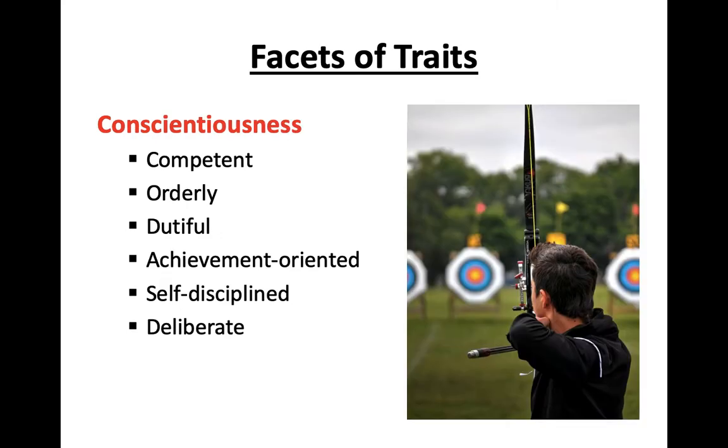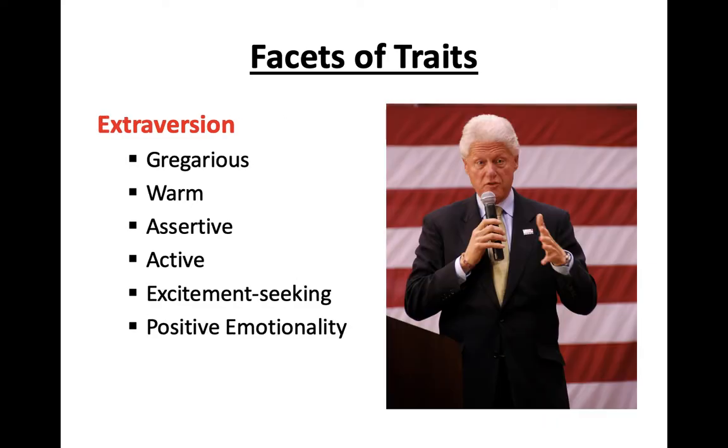Some of the facets that comprise conscientiousness would include being competent, orderly, dutiful, achievement-oriented, self-disciplined, and deliberate. And again, you can think of people scoring high or low or in the middle on any one of these facets.